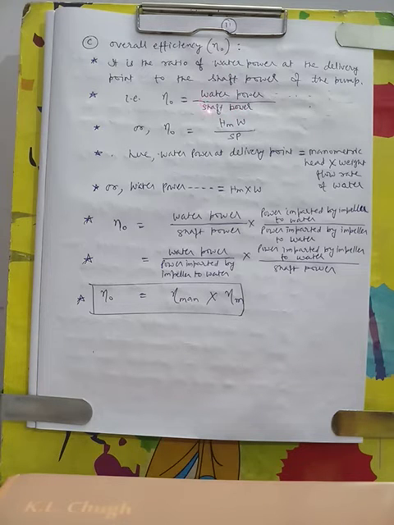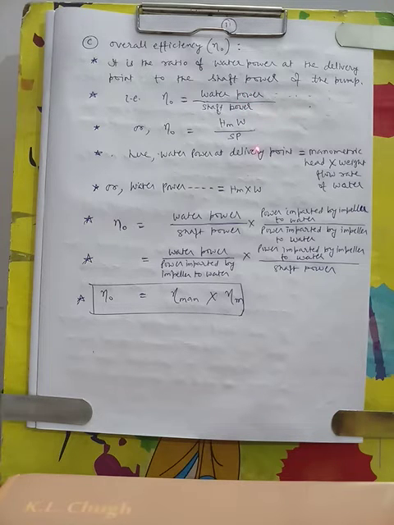What is the intermediate step between these? That is the impeller power. So what are the steps of power supply? First, the shaft is getting power and giving power to the impeller. The impeller is mounted on the shaft, and the impeller gives power to the water, and again some power will be lost.